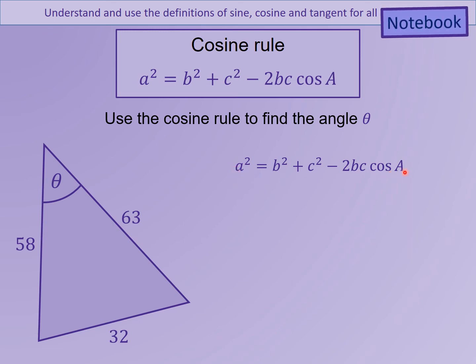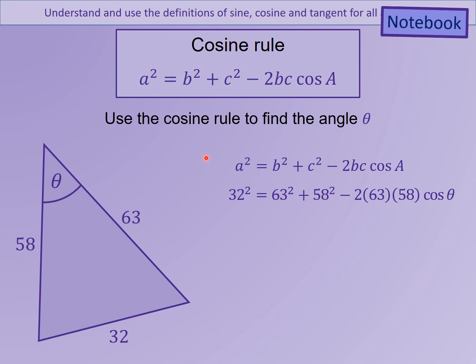The angle A that I am trying to find on my diagram is theta, so it's important that I choose little a to be 32. When I'm replacing my values inside the formula, A is 32, but the b and the c can be either 63 or 58, or 58 and 63. It doesn't matter which way round, but the 32 is important to get right.